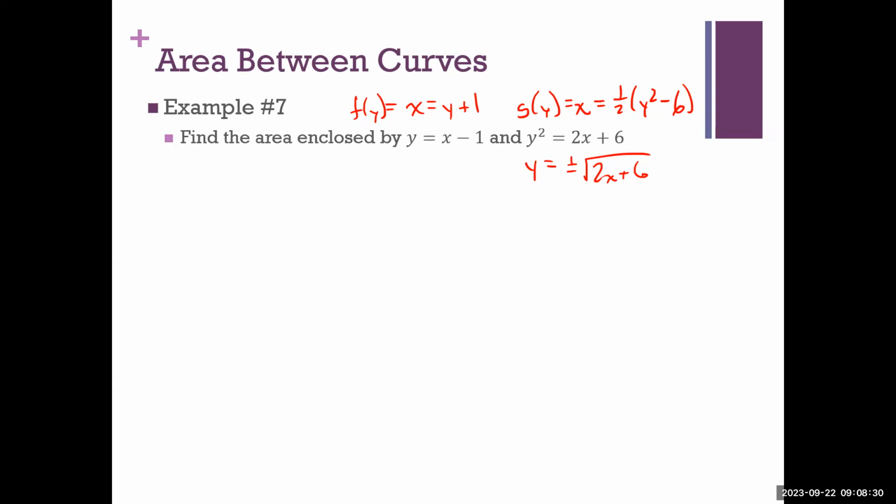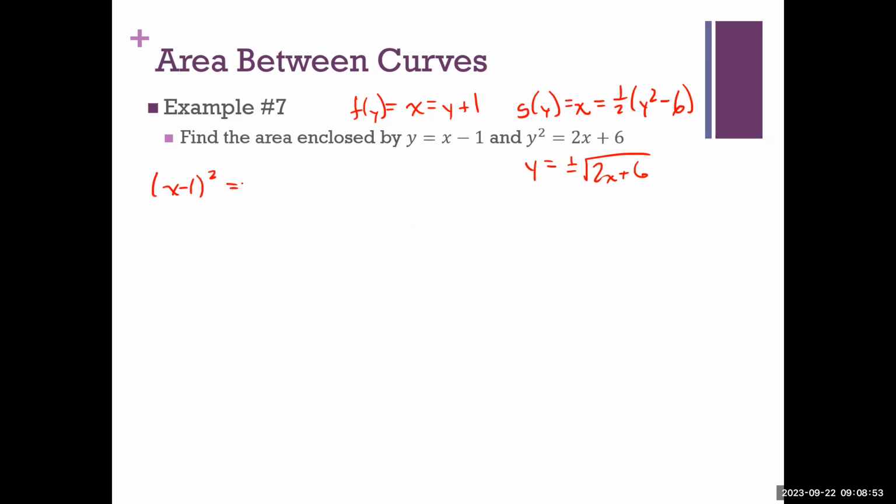Find the points where they intersect. Okay, if I want to find the area enclosed, I need to know where to integrate over. So I want to find the bounds. How do I find the bounds? I can set them equal to each other. Or I propose this. I know that y equals x minus 1, and I know something about y squared. So I'll do this.